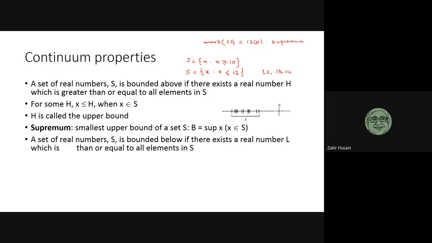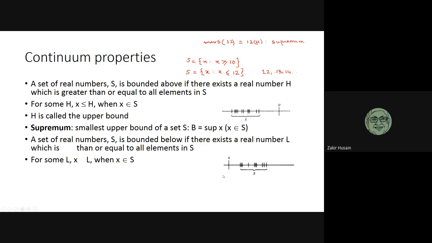Similarly, a set of real numbers is said to be bounded below if there is a real number L which is less than or equal to all other elements in the set. Here again you can see that this is small h, but in my notation it is L. L is strictly less than all the elements in the set.